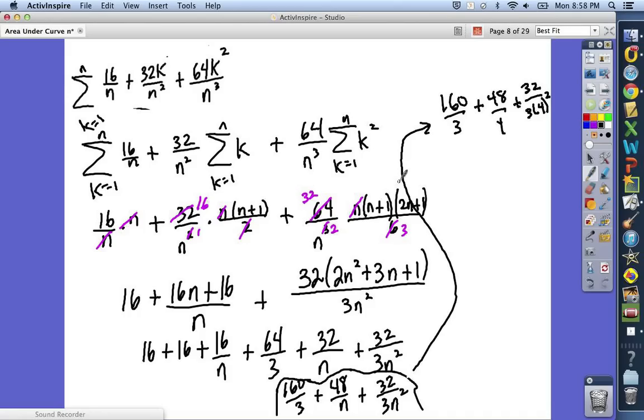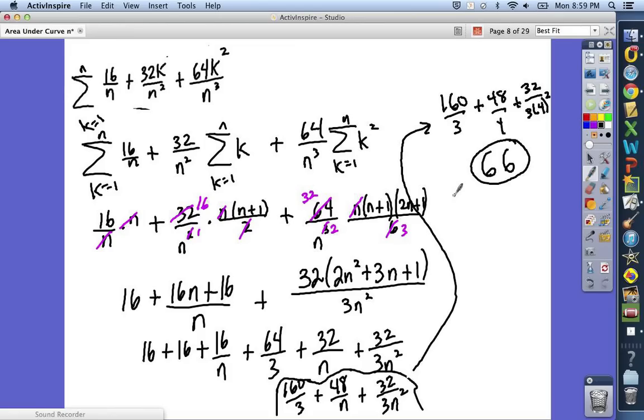So I have 160 divided by 3 plus 48 divided by 4 plus, I'm just going to do this all out on my calculator here, 32 divided by parentheses 3 times 4 squared, close the parentheses, and I'm getting 66. So hopefully when we did our right Riemann sum with 4 rectangles, we had an answer of 66.